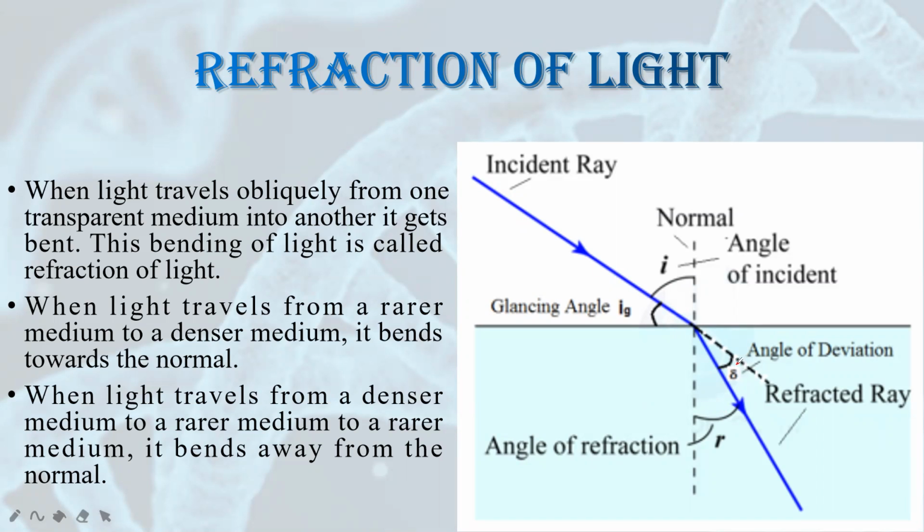So if the light travels from a rarer medium, that means it has less density as compared to this, so if a ray of light moves from a rare medium to a dense medium, it will bend towards the normal. If the light is traveling from a dense medium to the rare medium, it will bend away from the normal. So this is refraction of light.